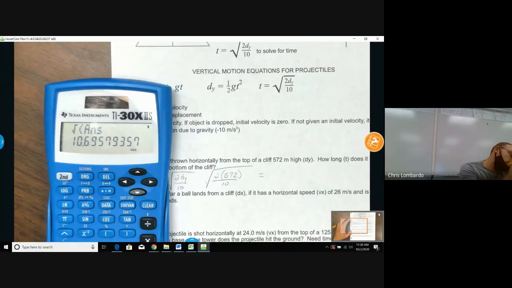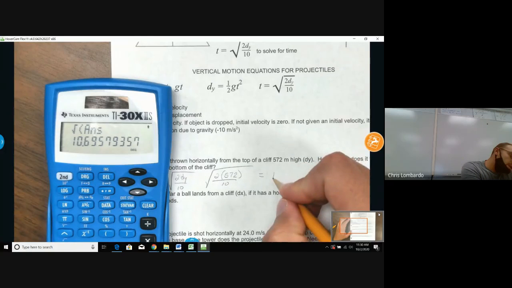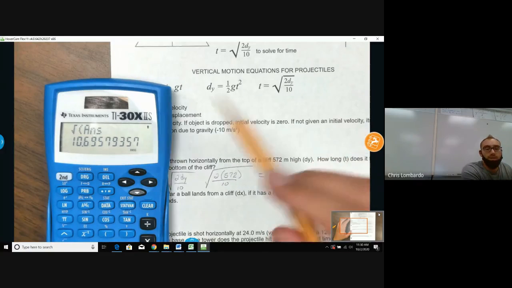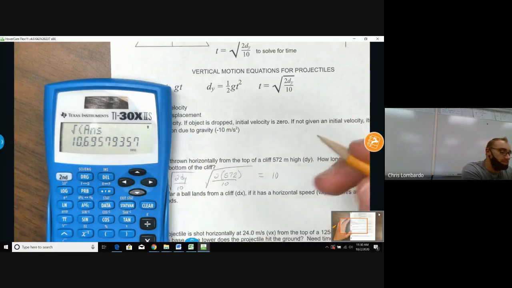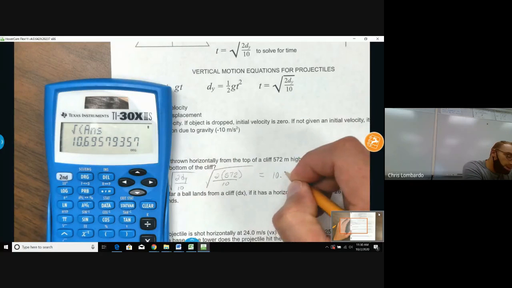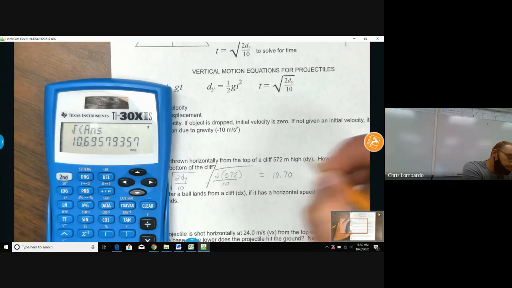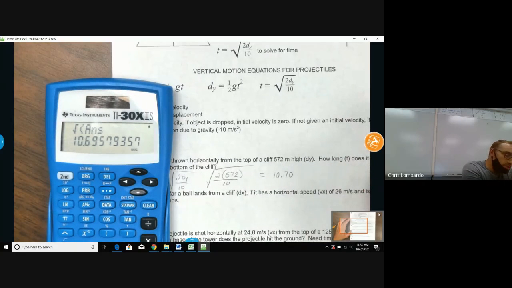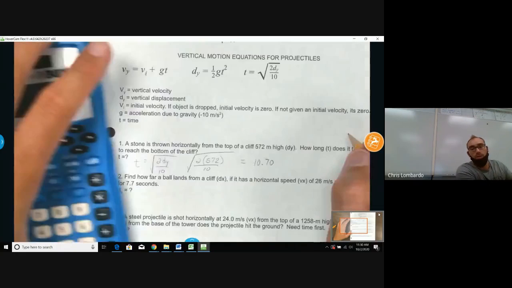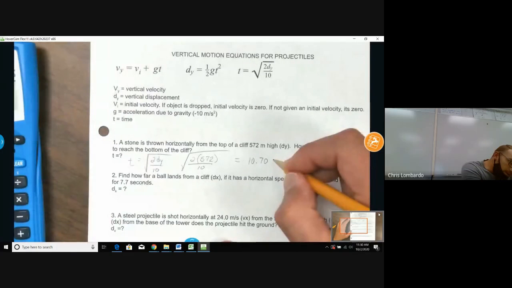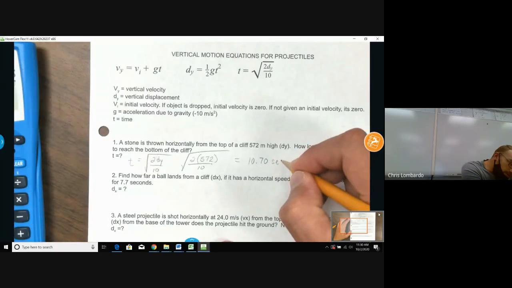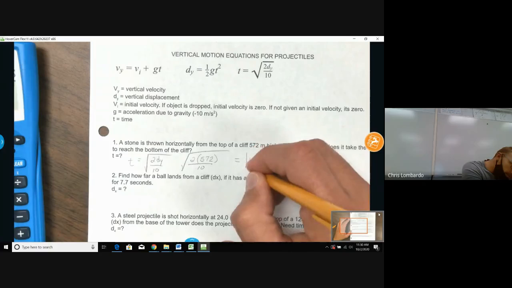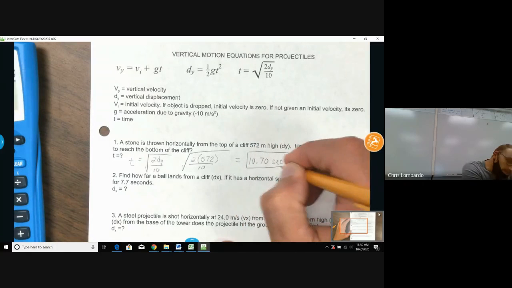We'll usually round it to 2 decimals, so it would be 10.70. And the unit, what would the unit be here? Well, if we're looking for time, our unit is going to be seconds. And then we're just going to box this answer off.